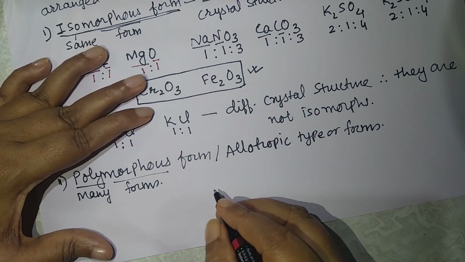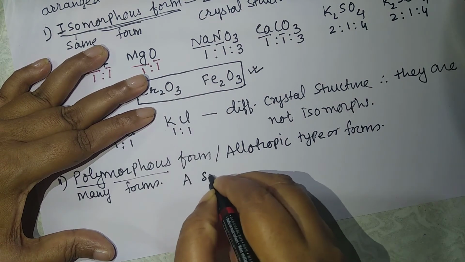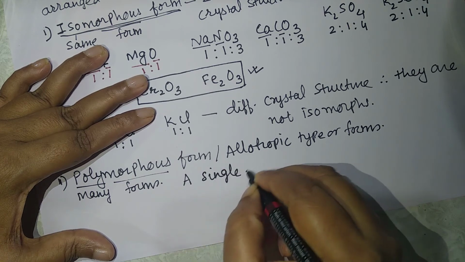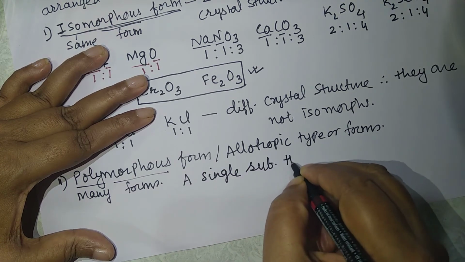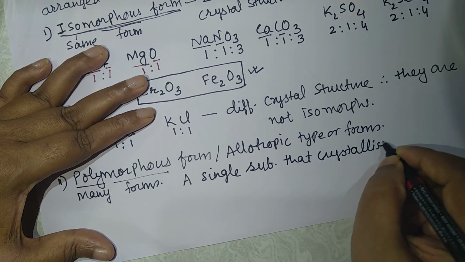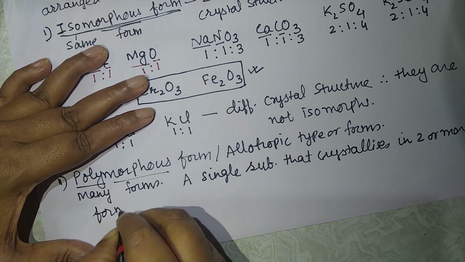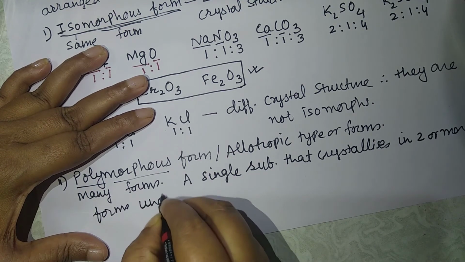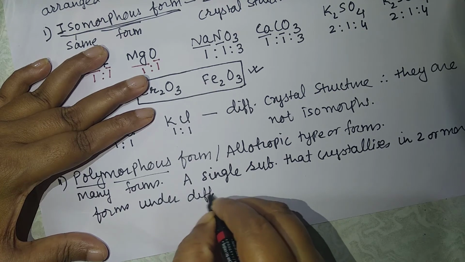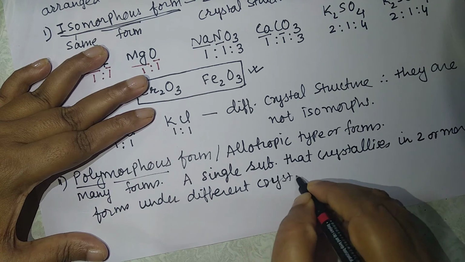So the definition of polymorphic: a single substance that crystallizes in two or more forms under different conditions. I can call these the crystallization conditions.